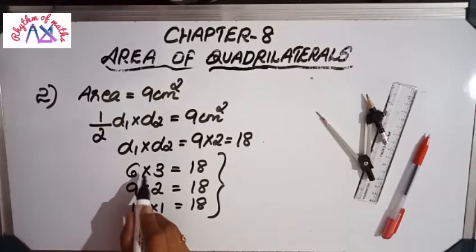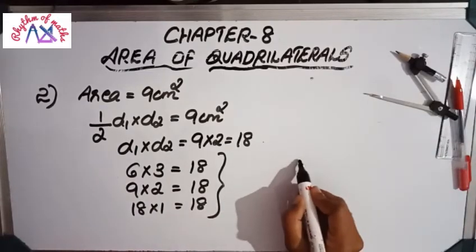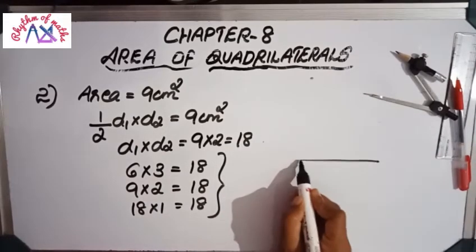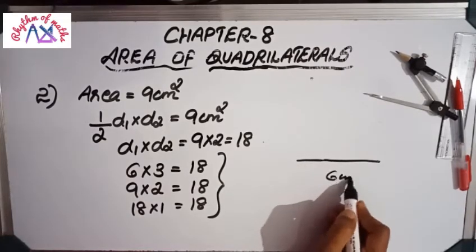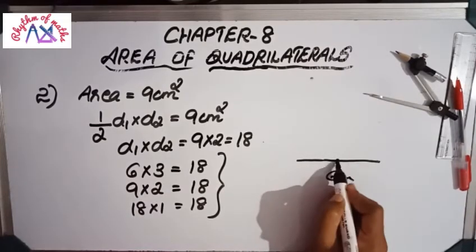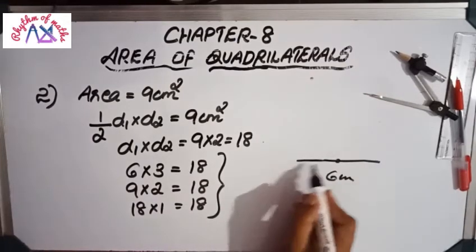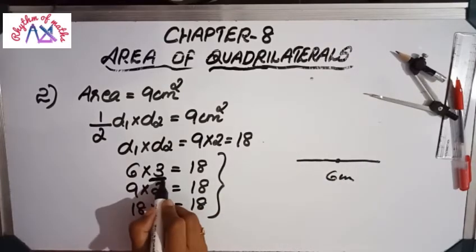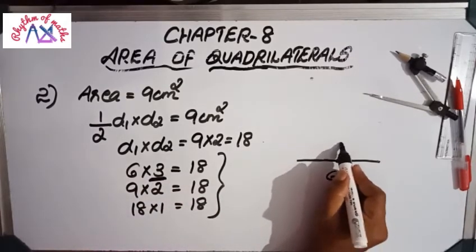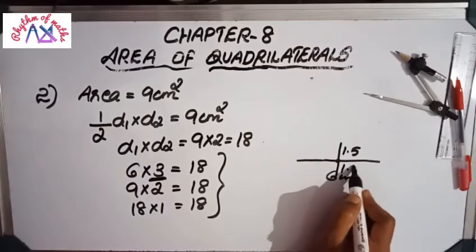If we choose 6 and 3, same as the previous case, first of all draw a 6 centimeter diagonal. Now mark the midpoint, which will be the 3 centimeter point. From that point we have to draw a perpendicular second diagonal of 3 centimeters, that means 1.5 towards up and 1.5 towards down.